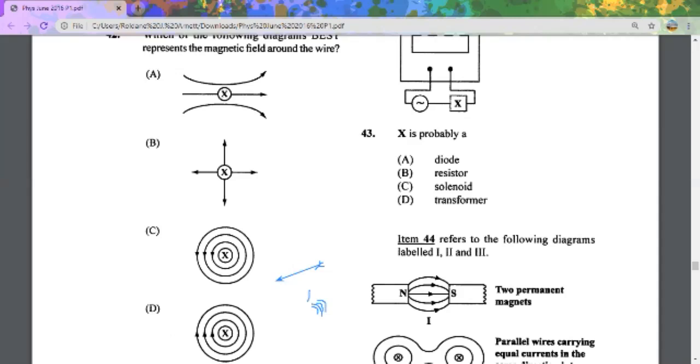With your thumb, and this is a right hand, your thumb pointing towards the screen. And if you realize your fingers would come around like this if you were to clench your fist, and so the answer would be D. It would be going in a clockwise direction, magnetic field, while the current is going inside the screen.